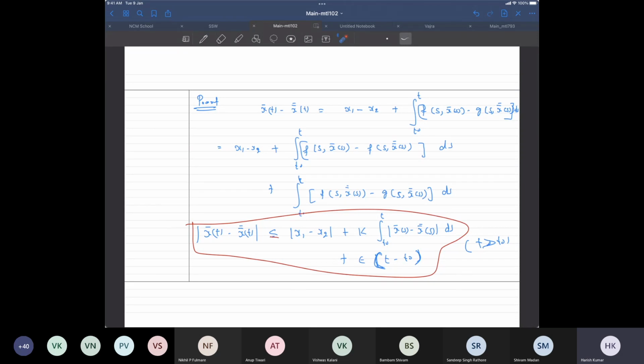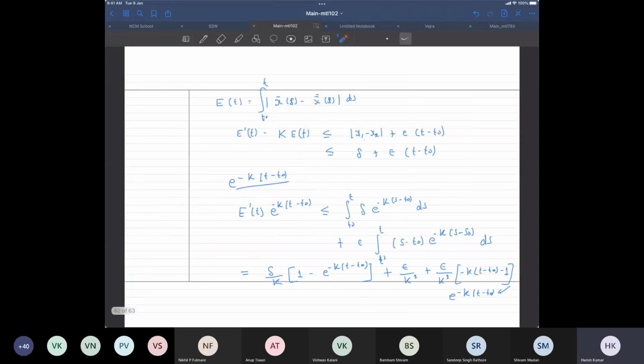And then what we did is that we used the Lipschitz continuity of f and the fact that f and g are close. So basically we divided this by subtracting f and adding f for the second solution. And because this is less than epsilon and this is less than k times the difference of these two solutions, we got these two terms.